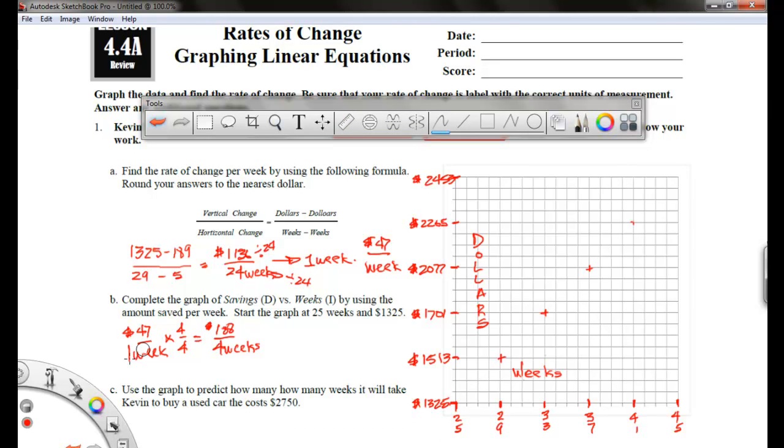Pencil out here. I've got an eraser on. Oops, I lost my ruler. There we go. So that's what your graph should look like, right down the center.